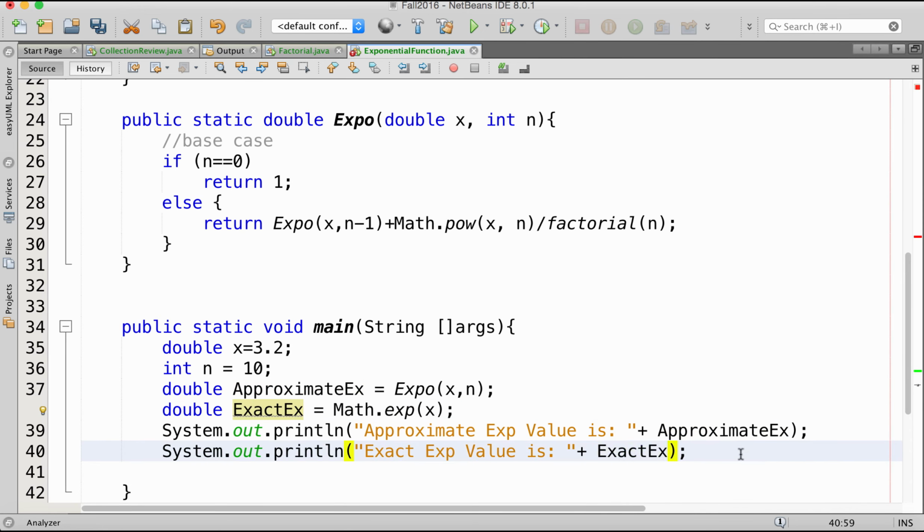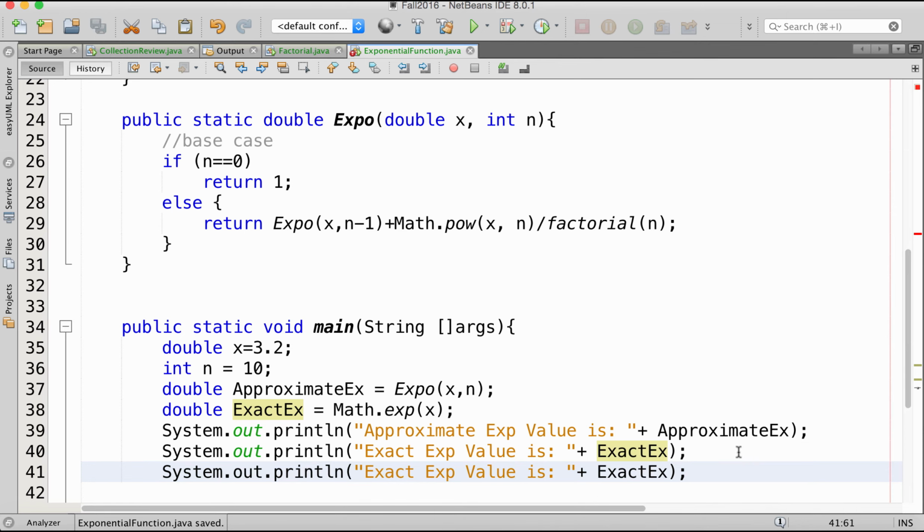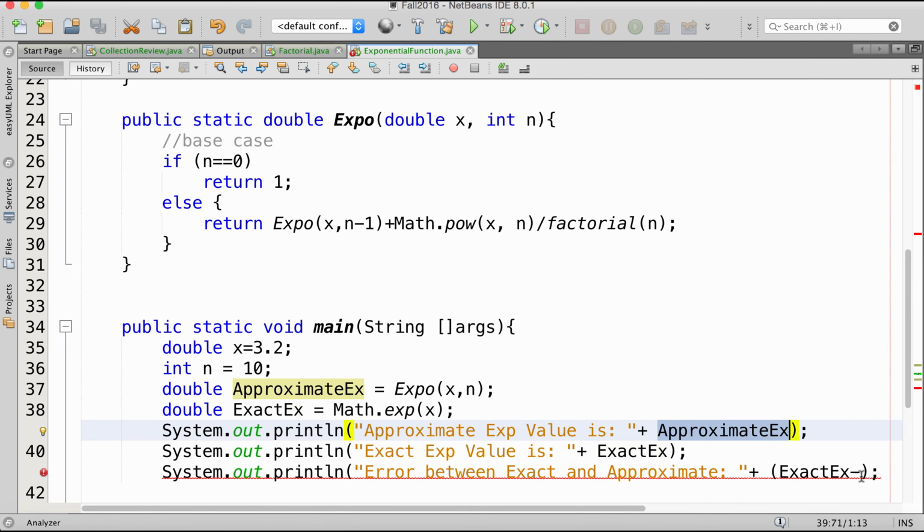I can also print the difference, or the error, between exact and approximate. How to find it? Exact minus this one.